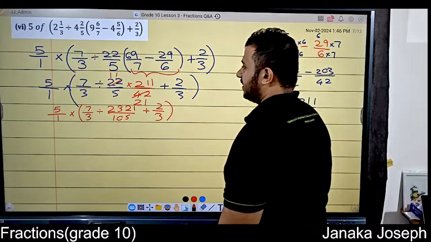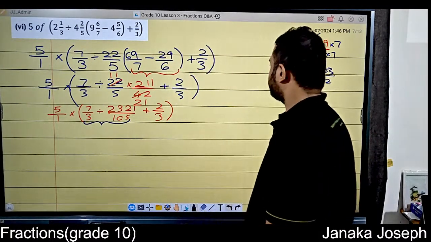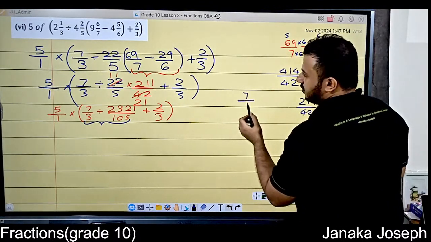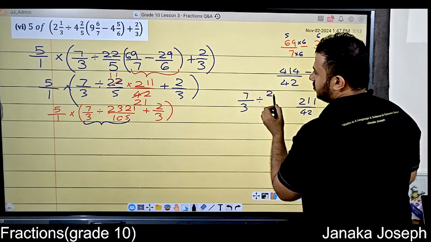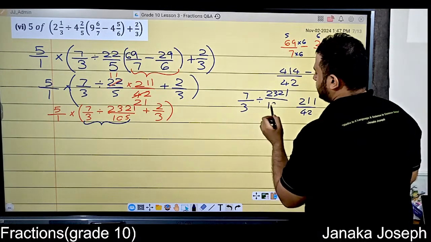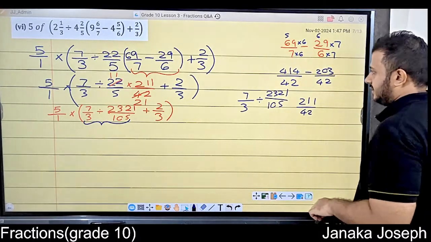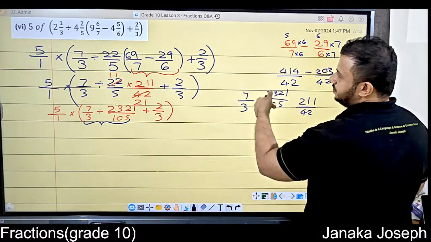Then let's get this division part done. Maybe let's do it here. 7 over 3 divided by 2, 3, 2, 1 over 105. Division will become multiplication when the right hand side fraction goes upside down.